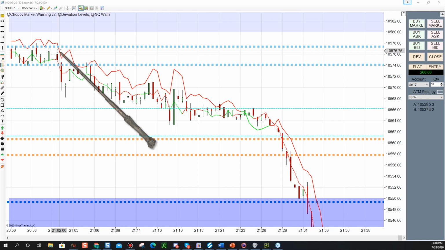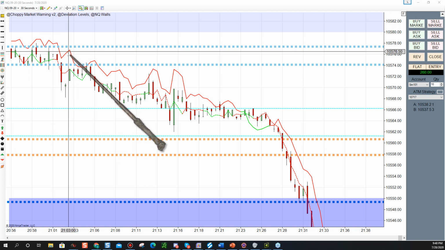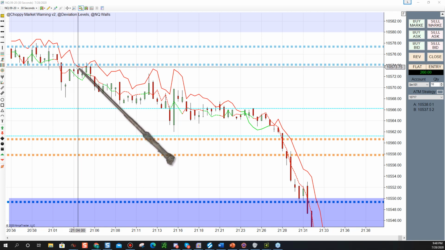So once the solid line goes below my entry price, then I start to trail. So if we got in right here, when this solid line gets below that price, then I start to trail.